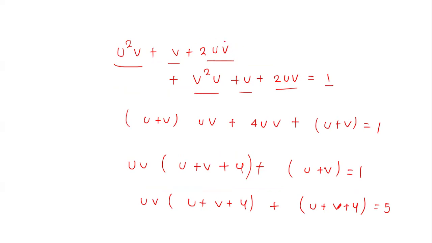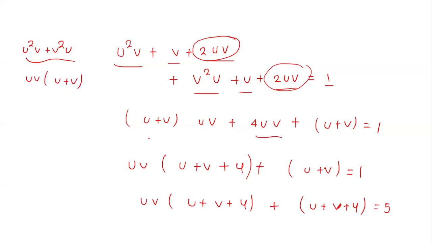Now one term is 2uv and another term is 2uv, so this will become 4uv. The other terms we have are u square v plus v square u. From here you can take uv common and it will become uv times (u plus v).